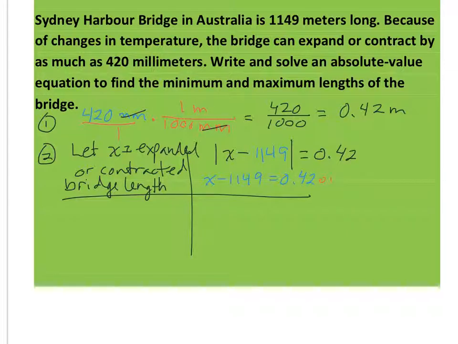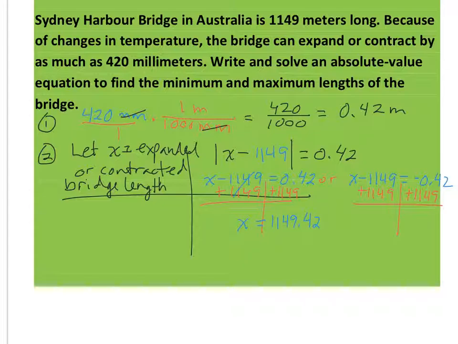Or drop the absolute value, x minus 1149, and set it equal to negative 0.42. And then we're going to solve. So we're going to add 1149 to both sides, and those cancel, we get x equals 1149.42.